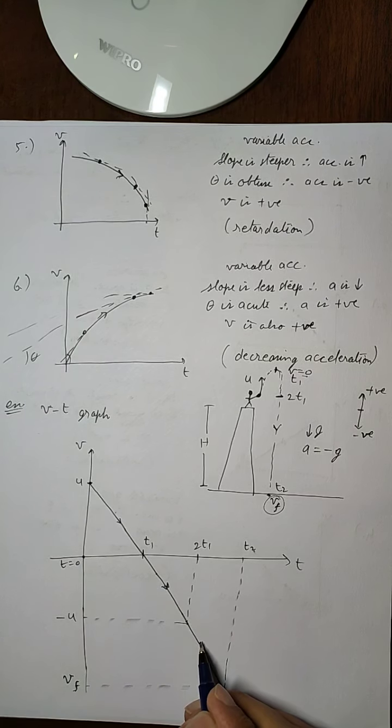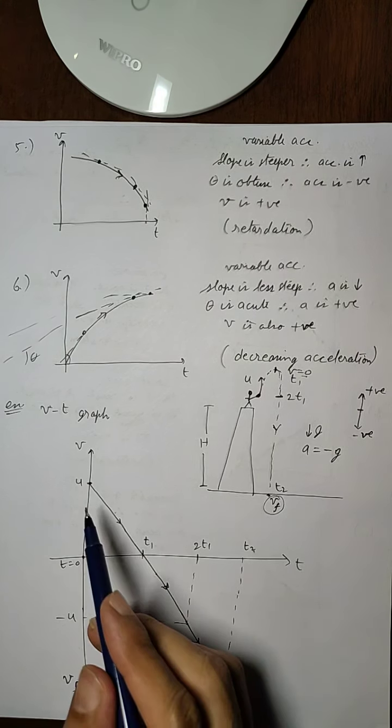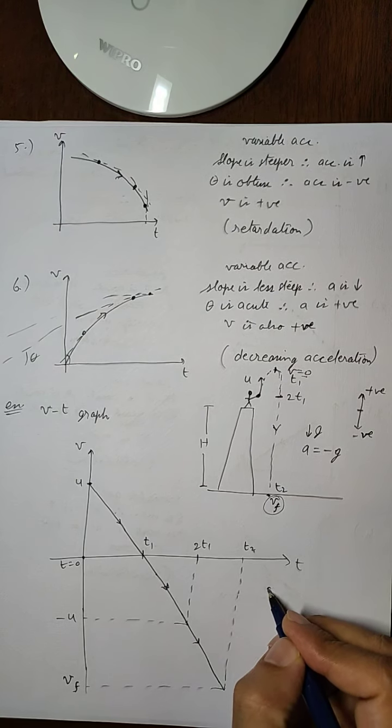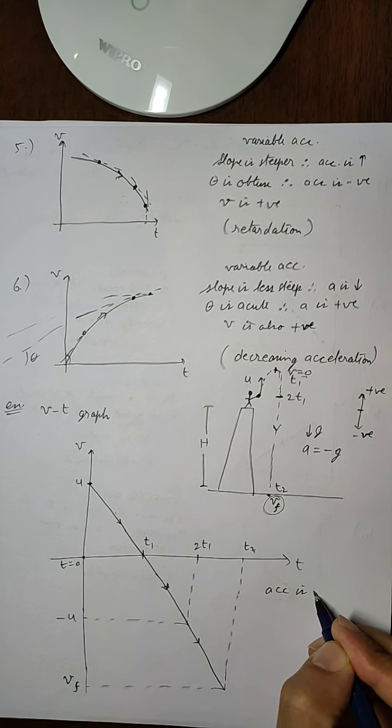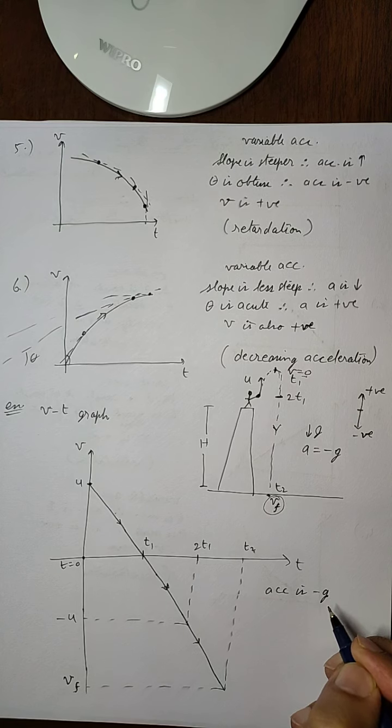Why is it a straight line? Because throughout, the acceleration is minus g, the value of acceleration is not changing, and the direction of acceleration is also not changing, so it will be a straight line.